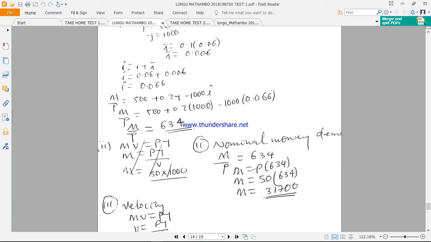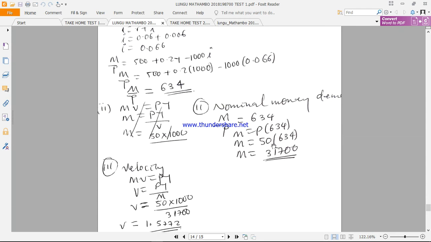And if that is true, then to get the nominal, you're just going to make M the subject of the formula. You have the price level already given in the question, which is 50. So you're just going to multiply 50 times 634, because you understand that 634 is nothing but your real. So if you do that, you're going to get 31,700 kwacha. So that's how you get the nominal.